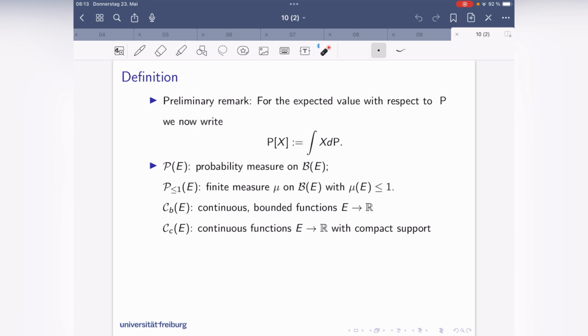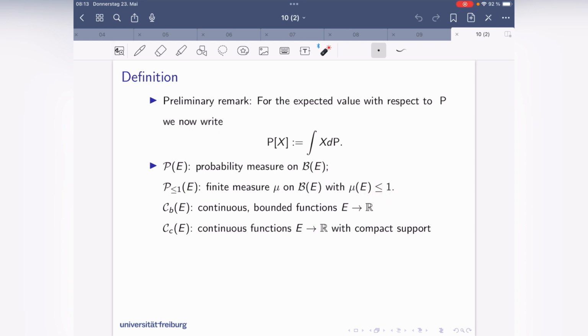Then we need a notation for the set of all probability measures on the Borel space on E. So E is a nice space, a Polish space or so. We also need yet another kind of convergence, not only weak convergence, but so-called vague convergence. And for this, we need the sub-probability measures, so measures which integrate to something less than or equal to 1.